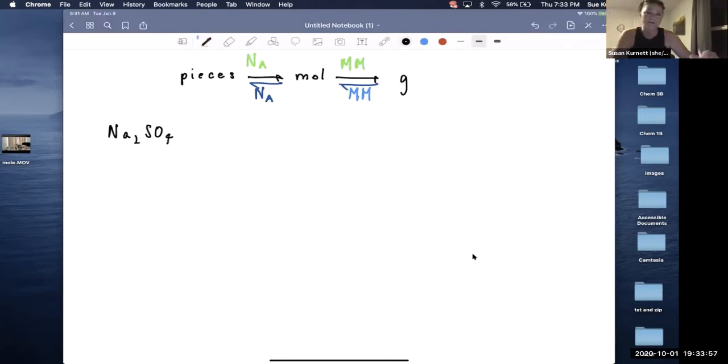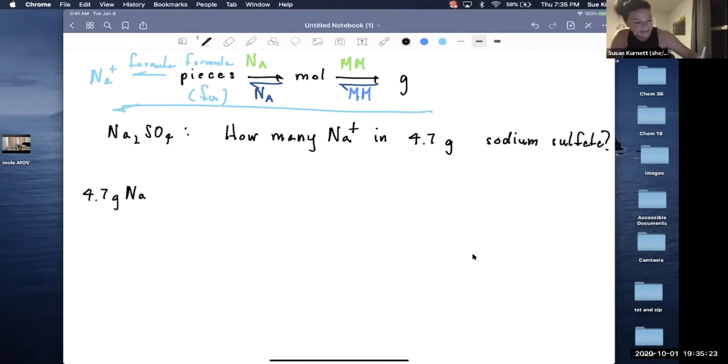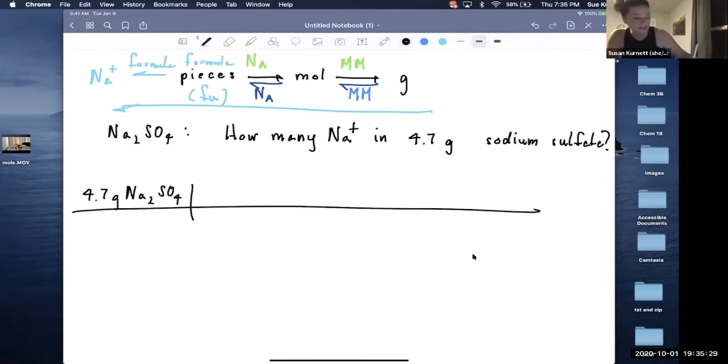And what if we start with some grams of that and say how many sodium ions are present? So I need the correct formula, because if I have the wrong formula, the next step, the molar mass, is going to be off. Nomenclature is super important.